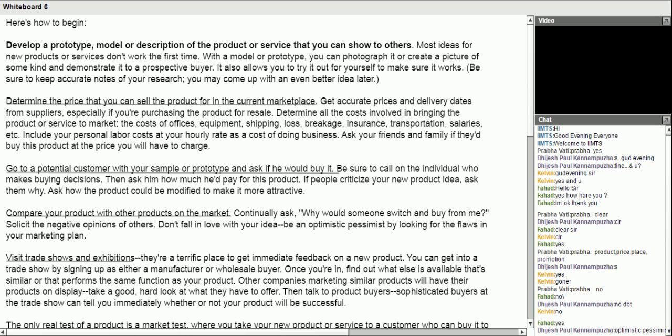Optimistic means unrealistic, right? Optimistic means unrealistic. Sorry, optimistic means hopeful and confident about the future.